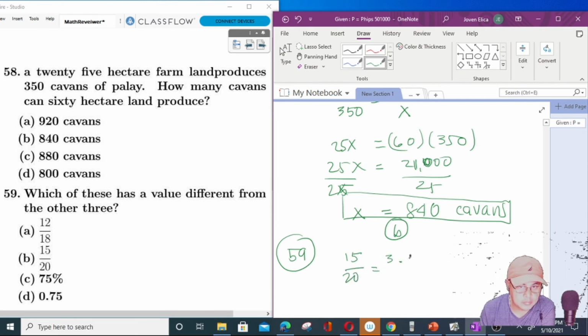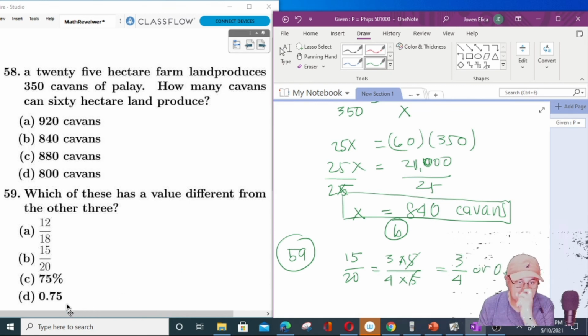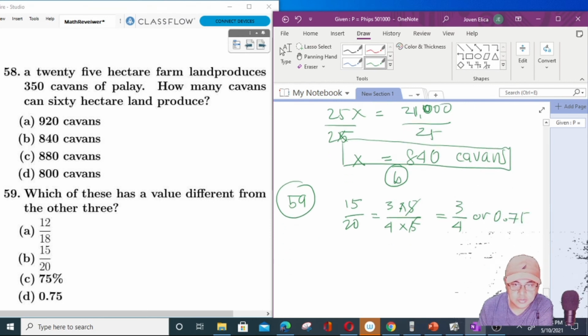3 times 5 over 4 multiplied by 5. So 5 cancels out. 3/4 is also equal to 0.75, which is also equal to letter D and C. So therefore, 12 and 18 is the answer, because if you simplify this one, 2 times 3, 6 times 2, 12.